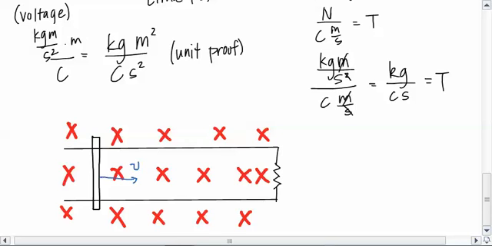So, this side of my bar becomes positively charged. This side of the bar becomes negatively charged. So we've separated these charges. They really like to get together though. And because we define everything as how a positive charge would behave, is there a path for these positive charges to get to the negative charges over here?